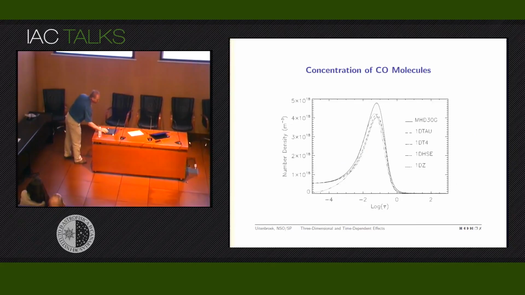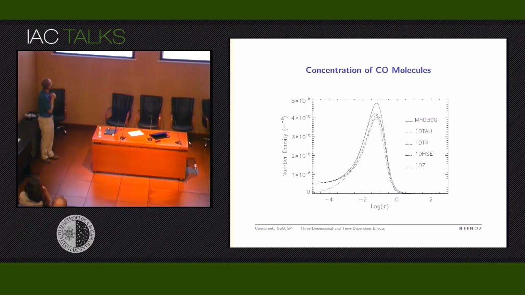And indeed, when you do the calculation, and there are a lot of curves here, but just compare the first two that I mentioned. The solid curve represents the concentration of the CO molecule, the average CO concentration, as a function of the opacity at 500 nanometers in a snapshot of an MHD simulation.